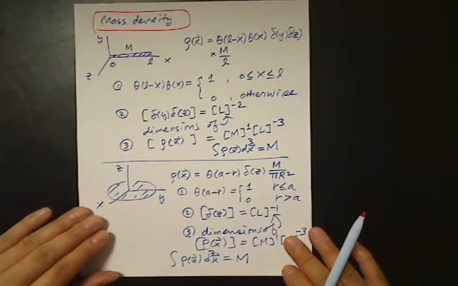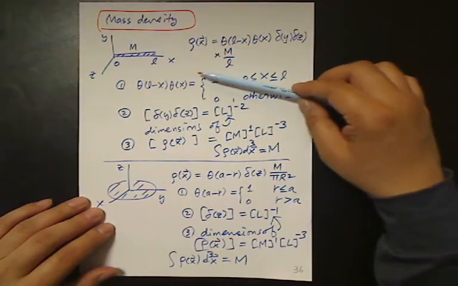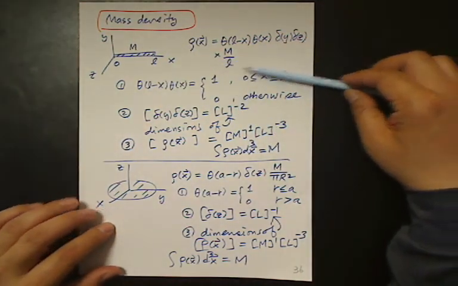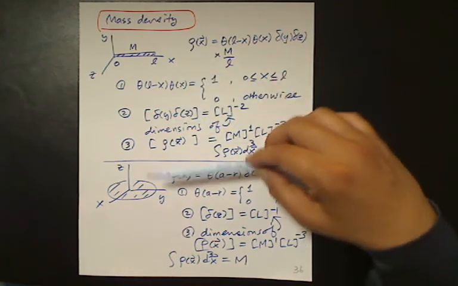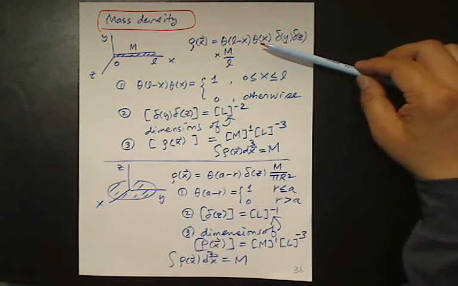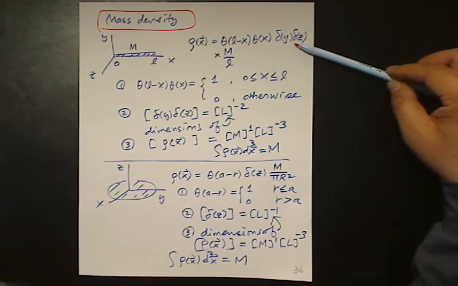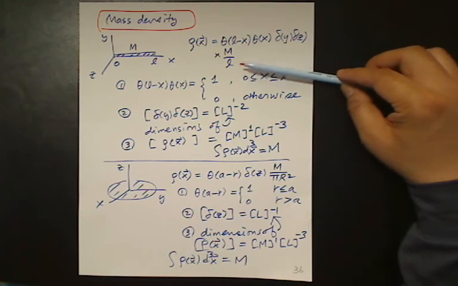Alright. In summary, mass density can be simplified for the special cases by making use of the Heaviside step function and Dirac delta function. There is a great simplification for the calculation.